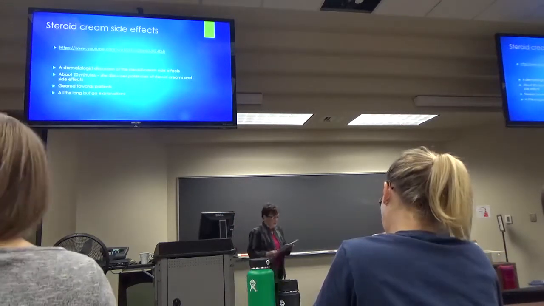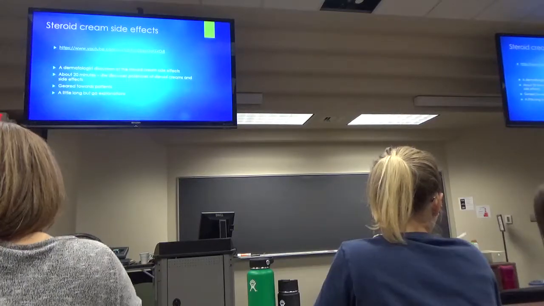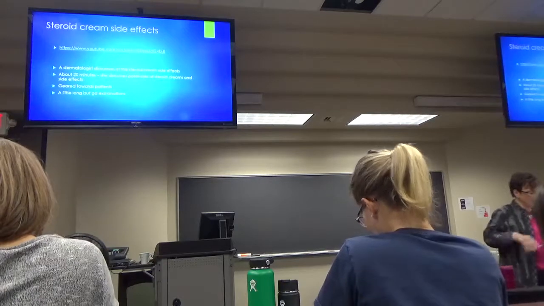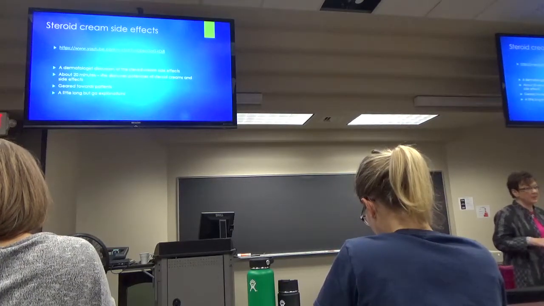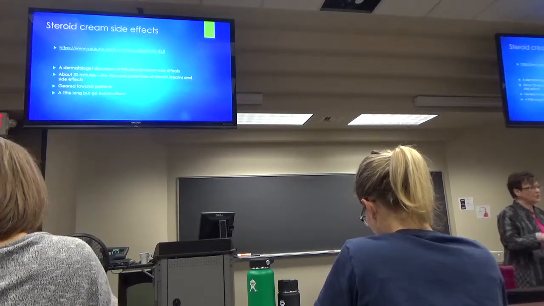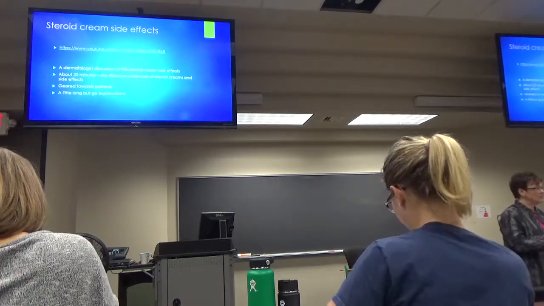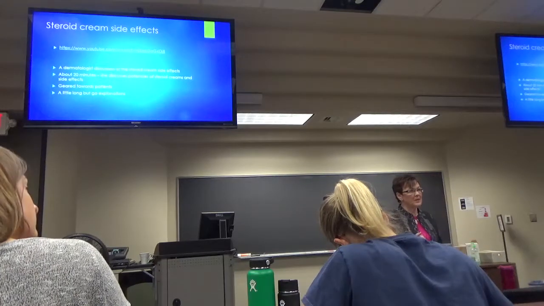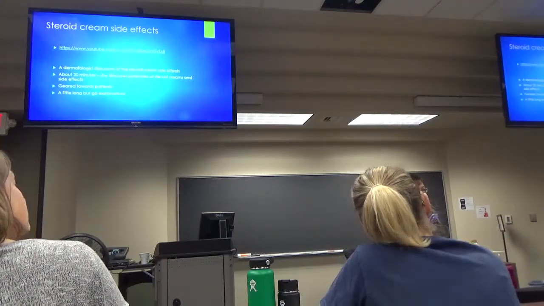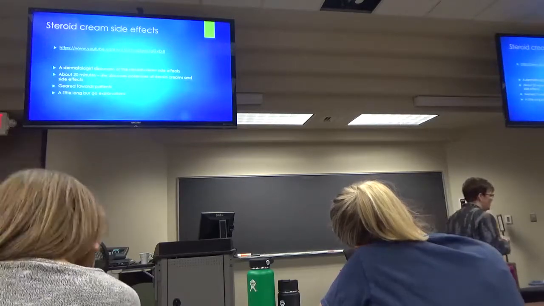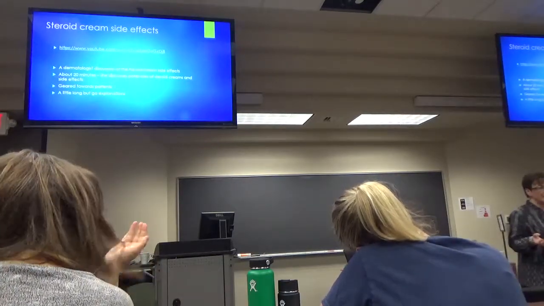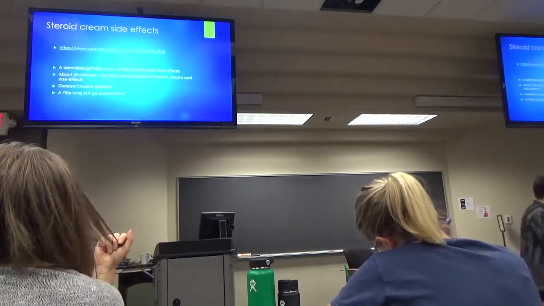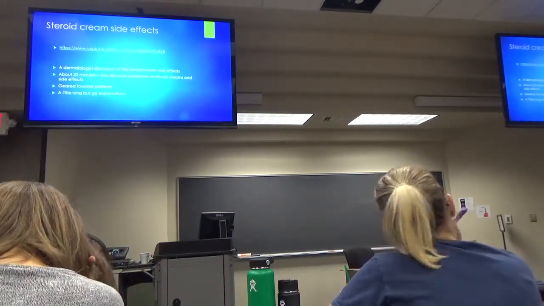Okay, so we're going to go through this little section here and then we'll take a break. So systemic absorption. This really does just bring it together and summarize what we've talked about. The strongest ones, group 1, are most likely to be absorbed, and you see, even with as little as 2 grams a day. Now, that would be a lot, because a lot of these products are like 0.05%, so there's very little in even a fingertip dose.